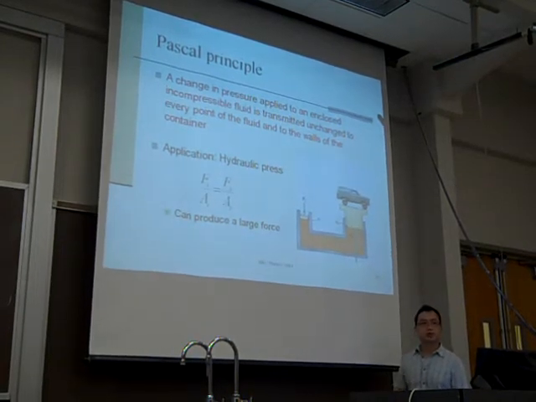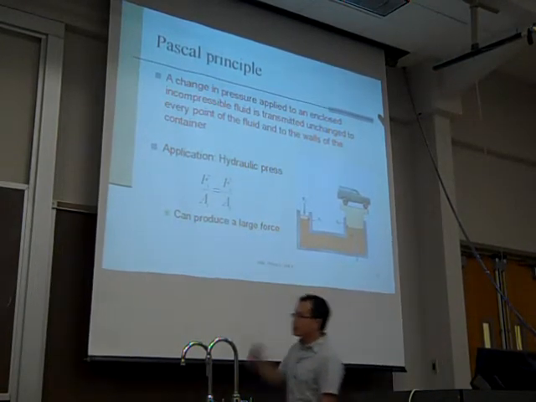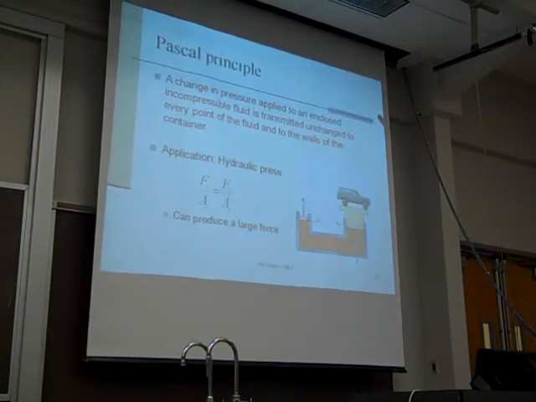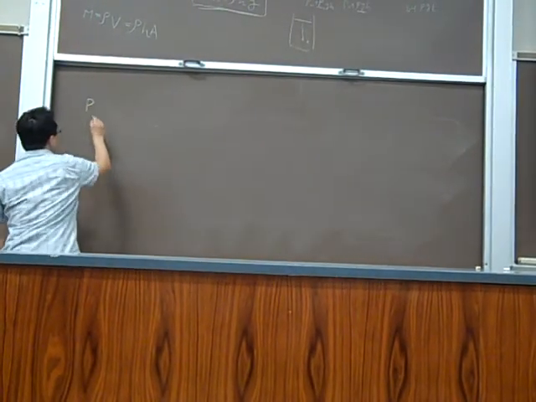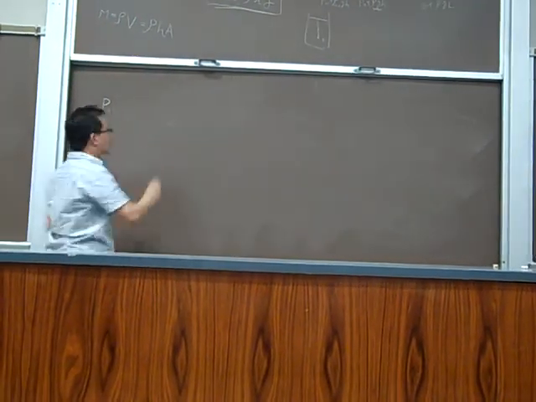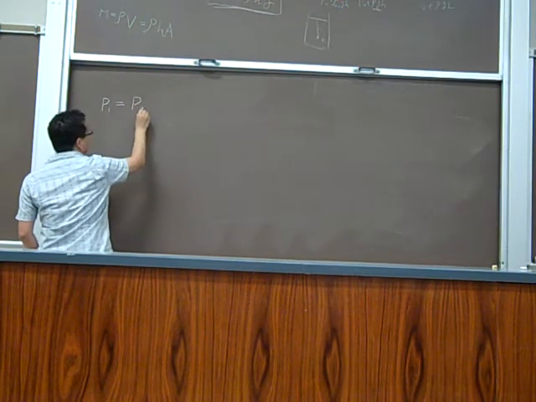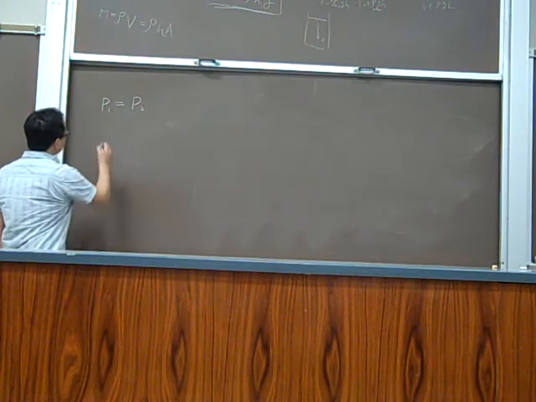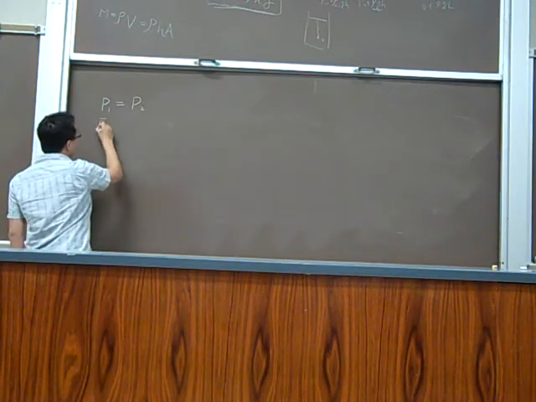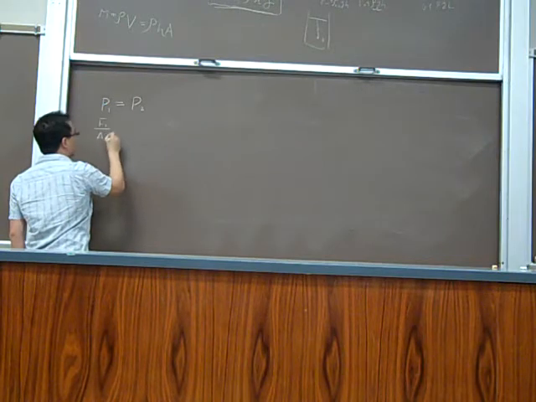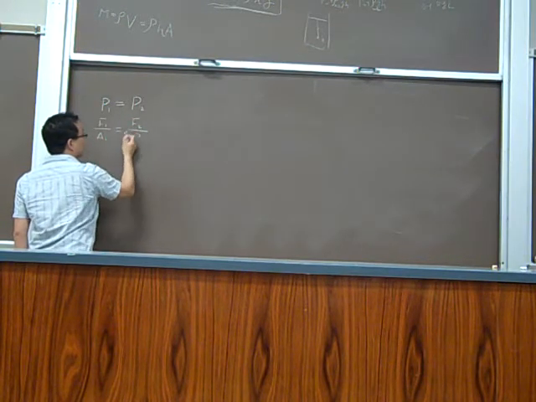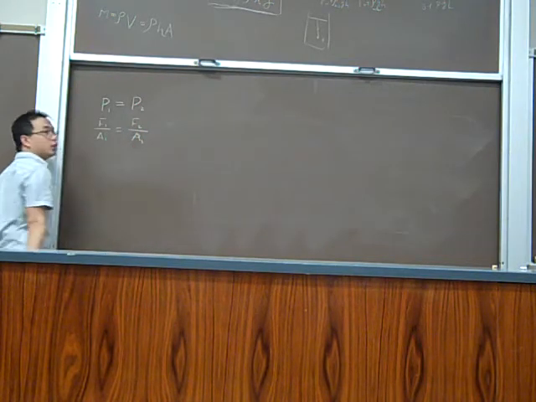This is possible, and the reason is the Pascal principle: the pressure on the left-hand side, P1, should equal the pressure on the right-hand side, P2. P1 equals force 1 divided by A1, and P2 equals force 2 divided by the cross-section A2.